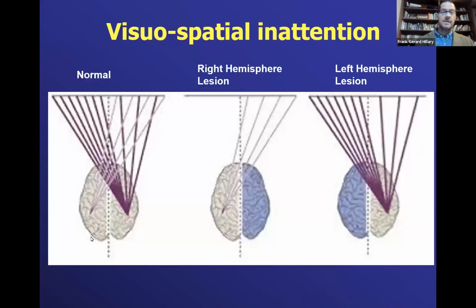And so in normal vision, we have a crossover. So this is the right hemisphere, this is the left hemisphere, this is space out in front of us. This crossover is more predominantly right hemisphere, paying attention to left hemispace, but the right hemisphere actually also pays attention a bit to the right.